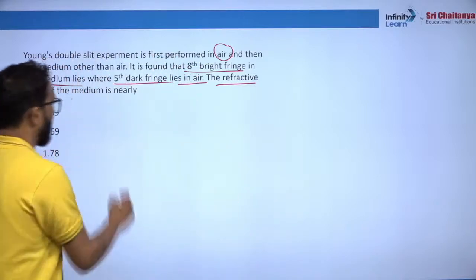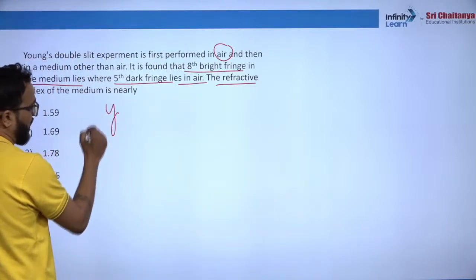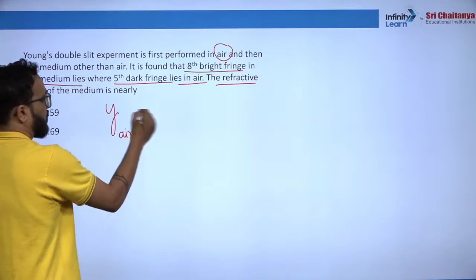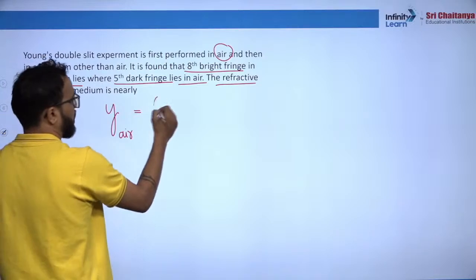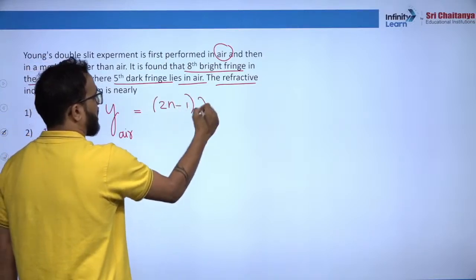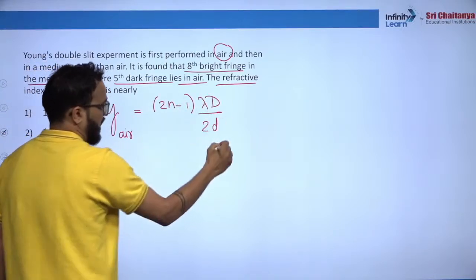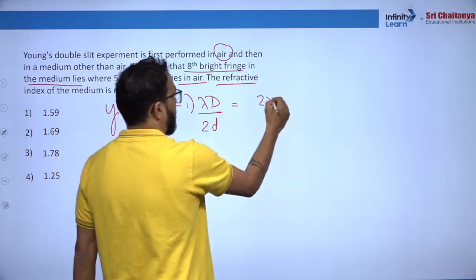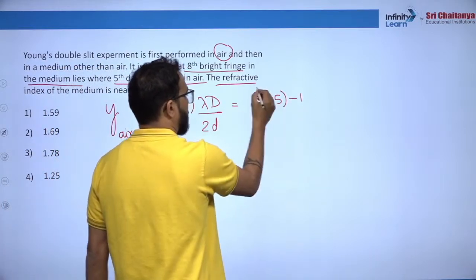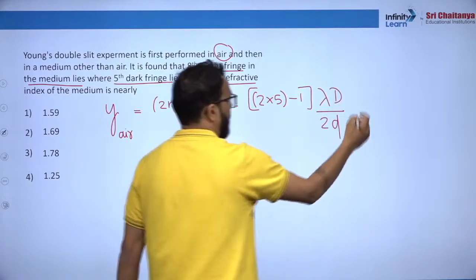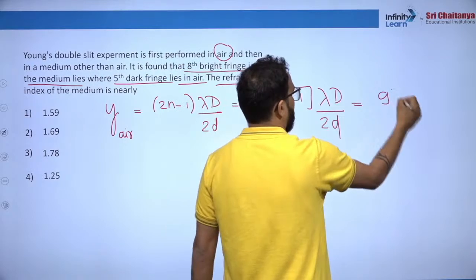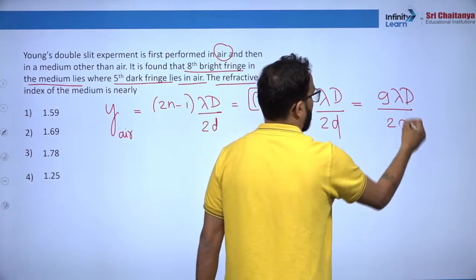So if I talk about air, they are talking about the 5th dark fringe. 5th dark fringe means (2n minus 1) lambda D by 2d. So it will be (2 into 5 minus 1) into lambda D by 2 into small d, which is 9 lambda D by 2 times small d.